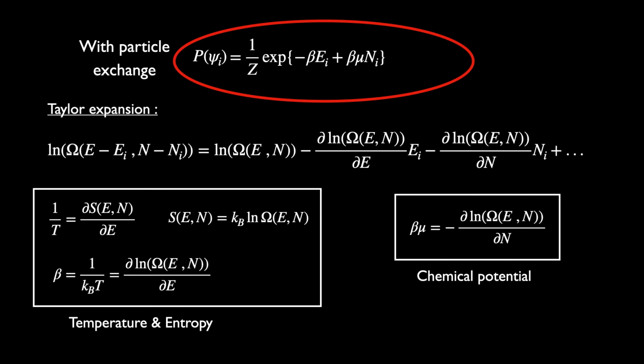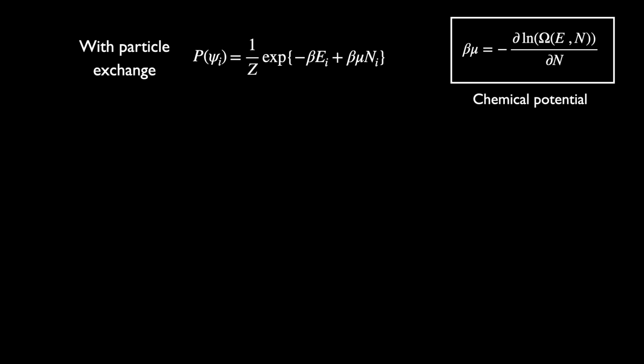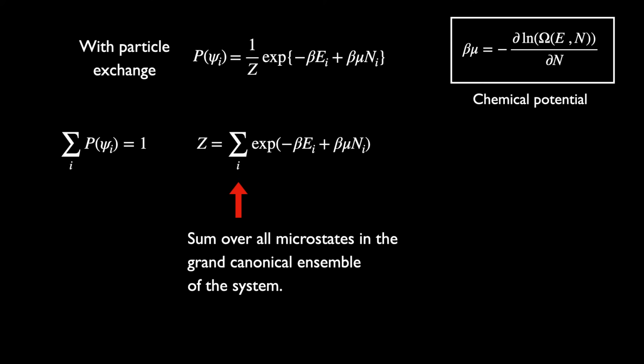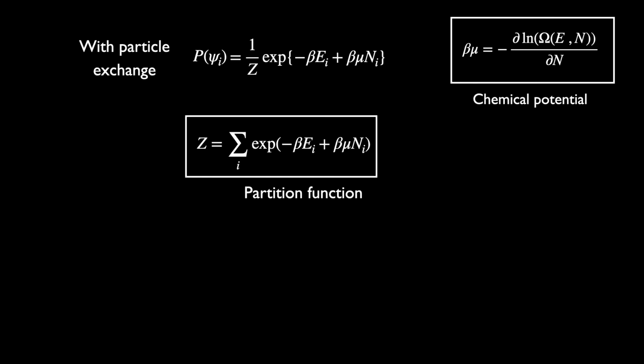Beta and beta mu can now be substituted into p(psi i), which is again normalized by 1 over Z. The sum of all probabilities being 1 implies that Z is the sum of the Boltzmann weights of all the microstates in the grand canonical ensemble. This is the new partition function of a system with variable particle numbers under thermal equilibrium. Note that Z is now regarded as a function of both beta and mu. Let's rewrite the chemical potential in a more convenient form using the definition for beta and entropy.